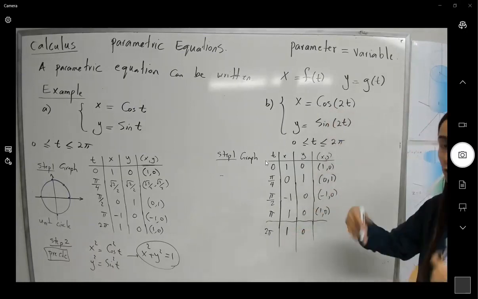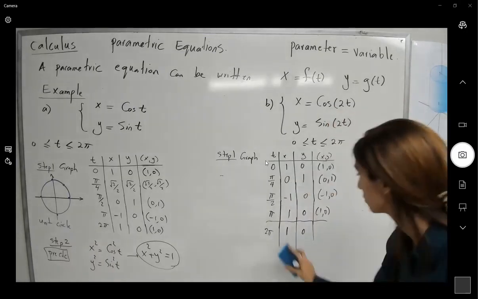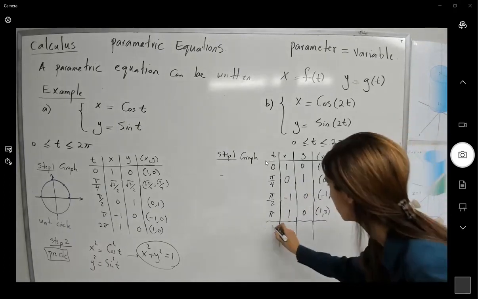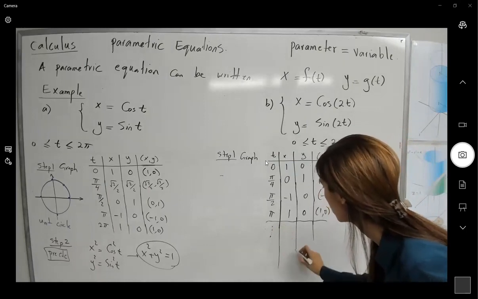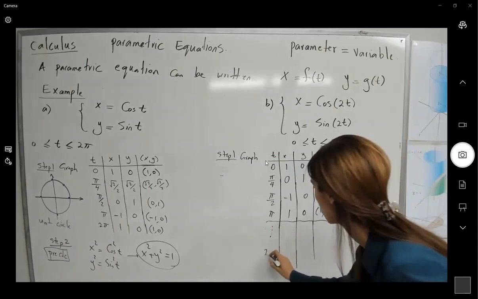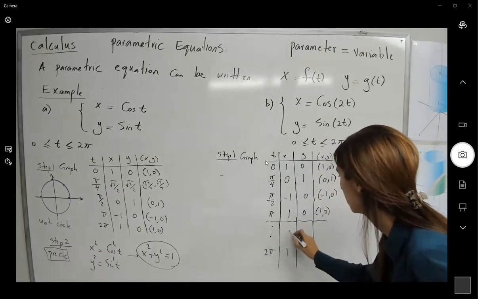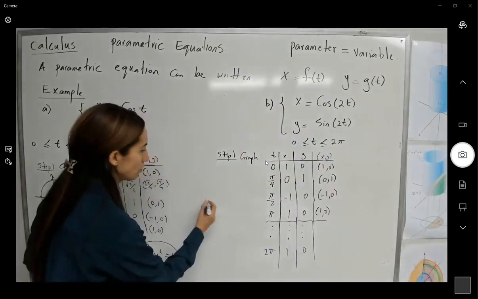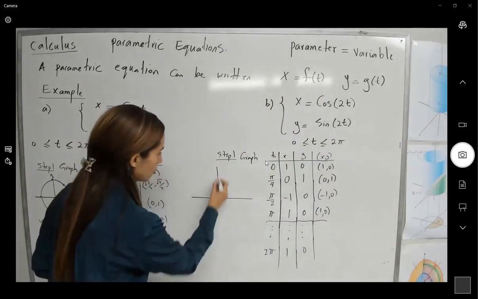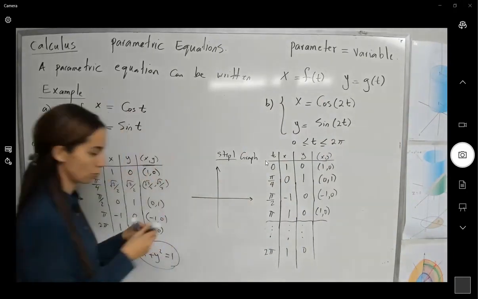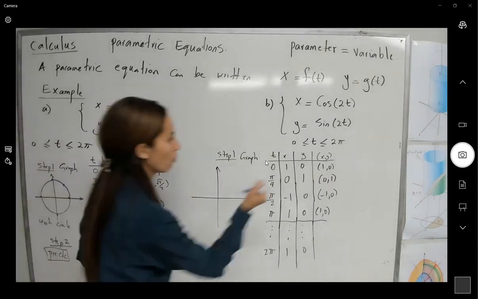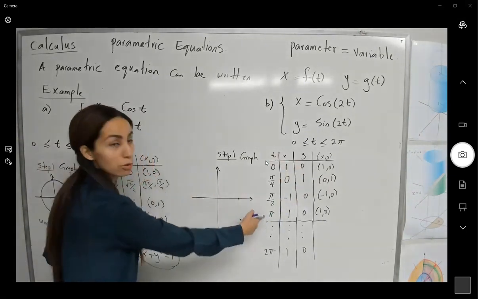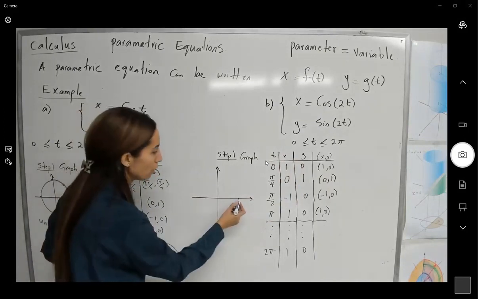It means that we have to plug in more values in between to see the behavior, and then finally plug in 2 pi, 1 and 0. So let's take a look at the graph. This is your particle. It starts at 1 and 0, which is here. Then it has a complete rotation when t is equal to pi.